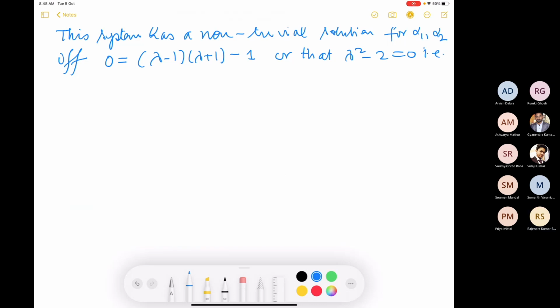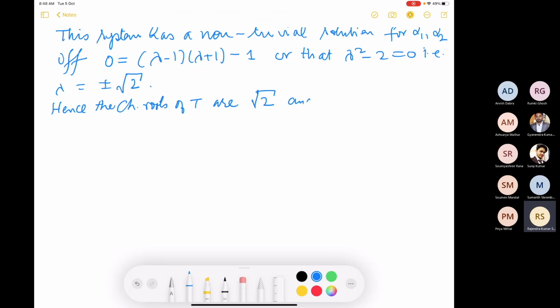That is, lambda is plus or minus square root 2. So the characteristic roots of T are root 2 and minus root 2.